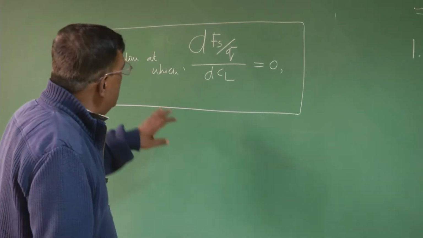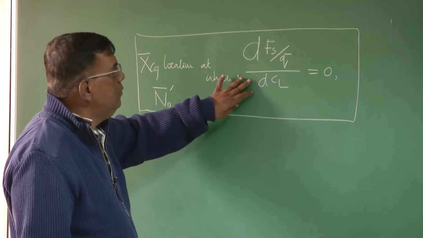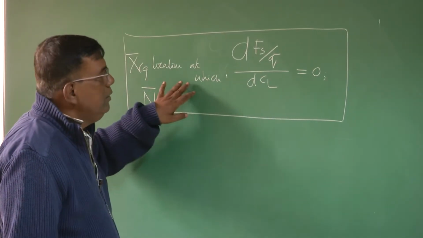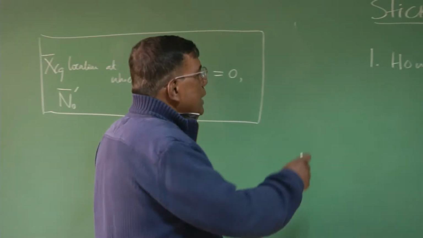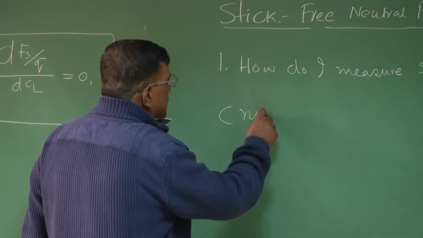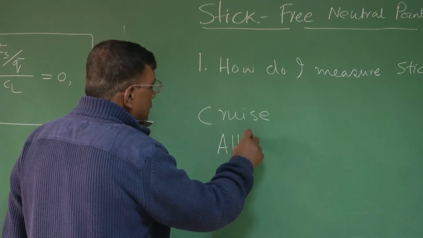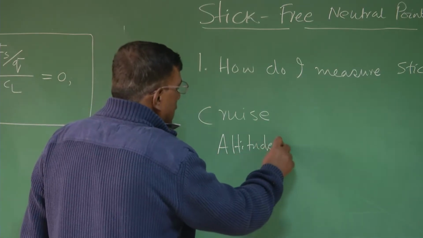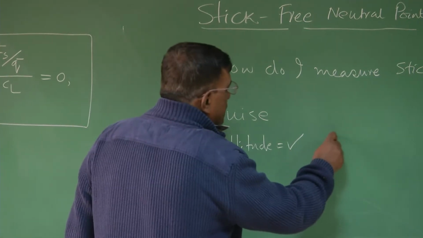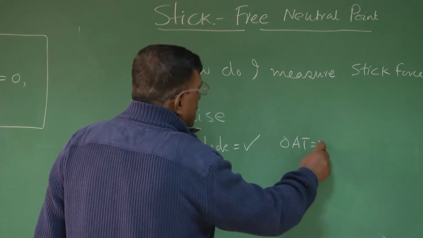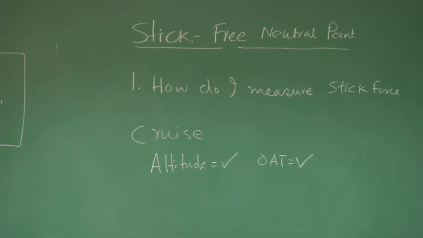And now, if I want to conduct an experiment to find out the stick-free neutral point, then what do I do? I go for a cruise, right? And again, I look at the altitude. I note down the altitude. I note down the outside air temperature, right?